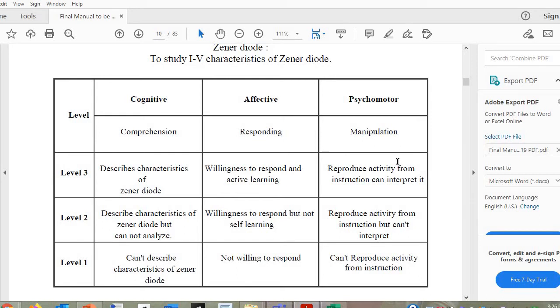Okay. So while performing any practical, if you first understand this particular table, then it will be easy to gain a high amount of marks. Besides marks, of course, knowledge is important. So how to get knowledge related to that practical, that we are going to see now.